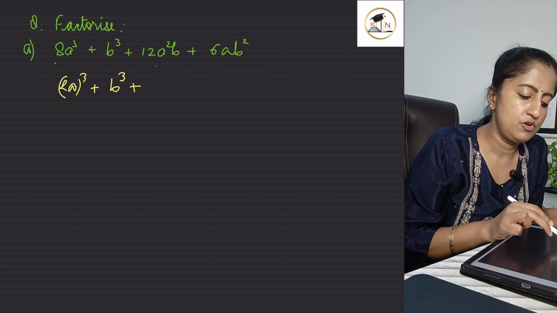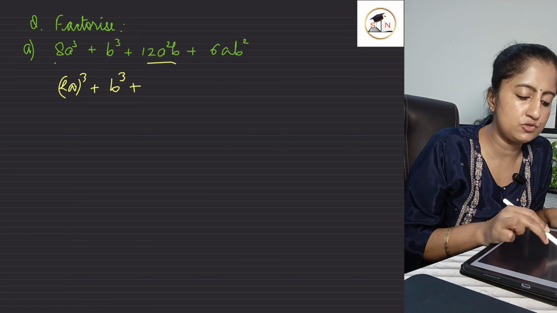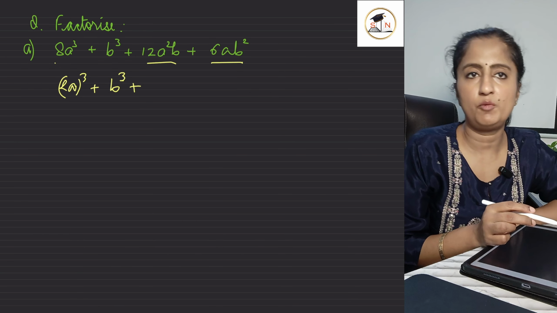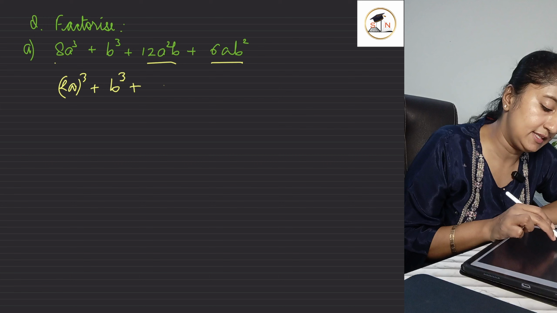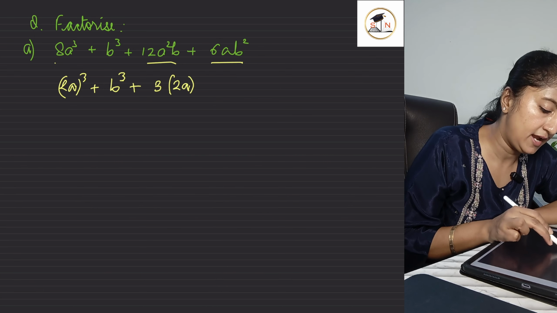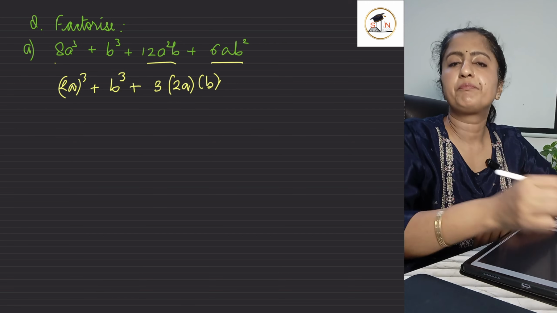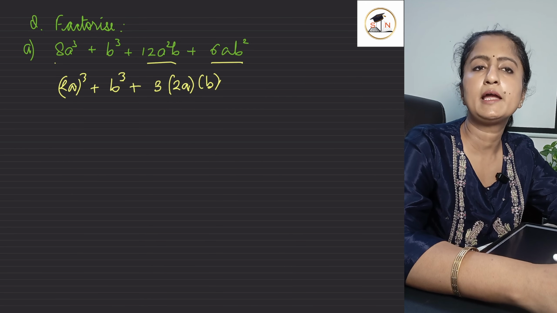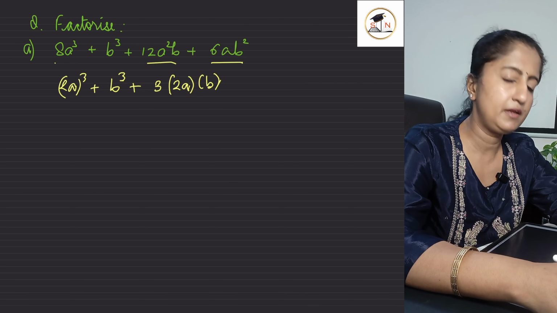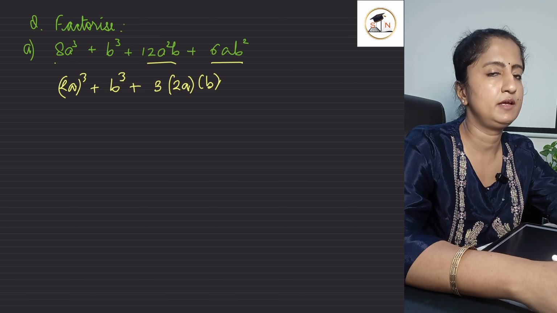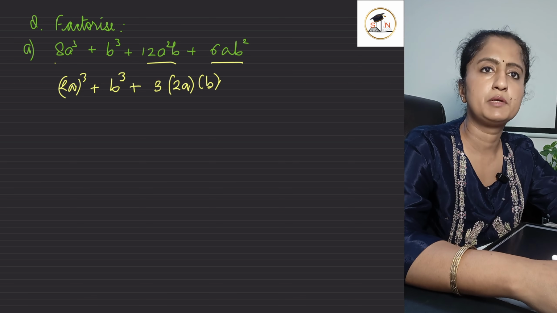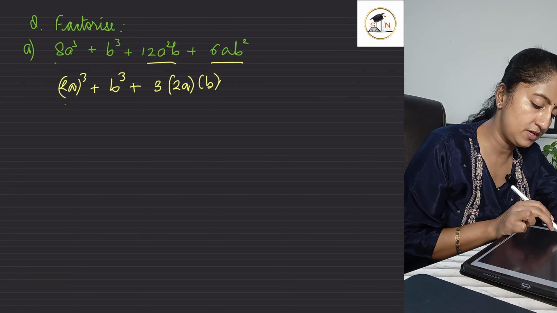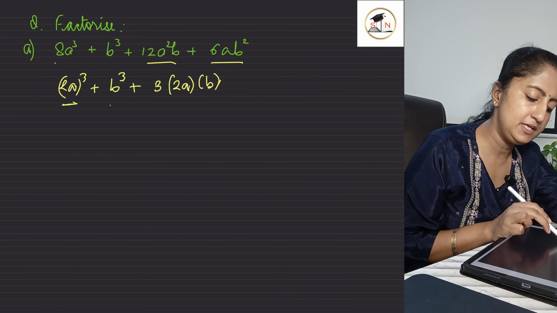Okay, now over here in the last two terms you have to take out the common factor, and I can see that is 3 times if I do 2a and b. Okay, you will say that ma'am we had 6ab. That is correct, but I am not writing 6ab. I am breaking it as 3xy into bracket x plus y, because I know this is your x, 2a is your x, b is your y.